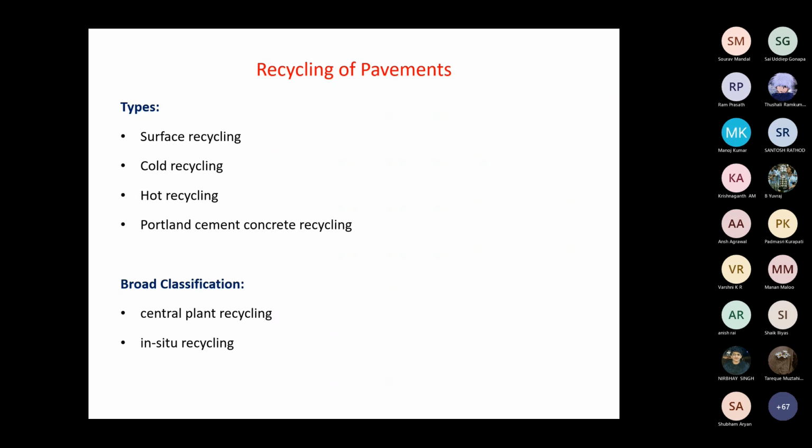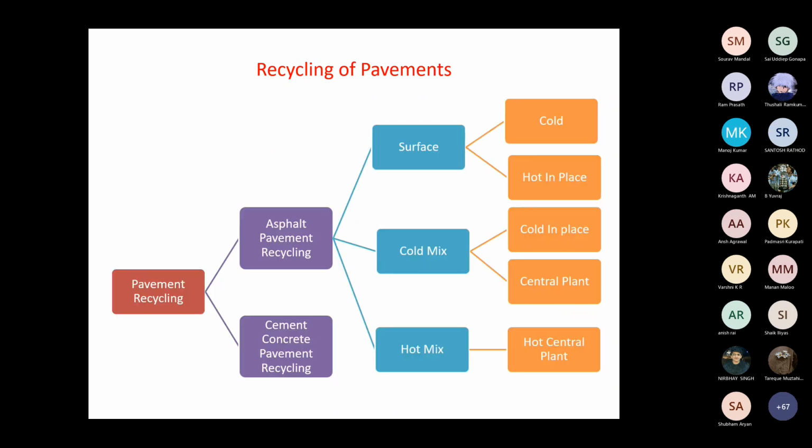In situ recycling means then and there, at the site itself, you can recycle the material and lay it. So recycling can be done to asphalt pavement and cement concrete.